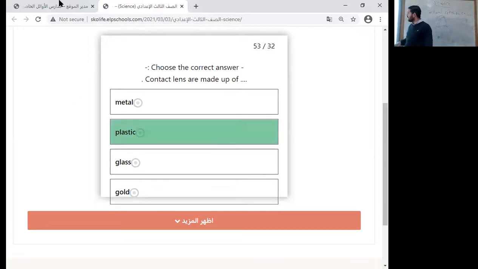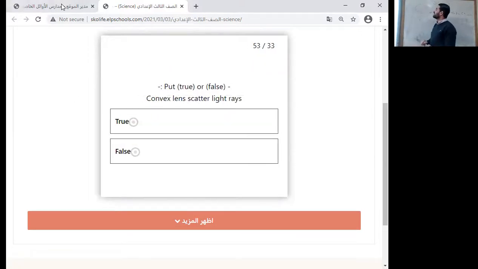The next one. Convex lenses scatter light rays. As we know, a convex lens collects light rays.